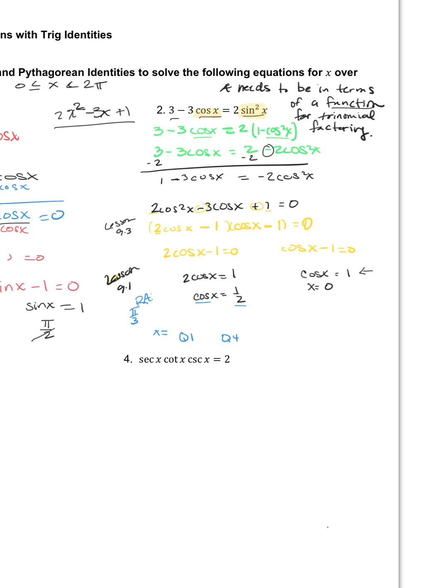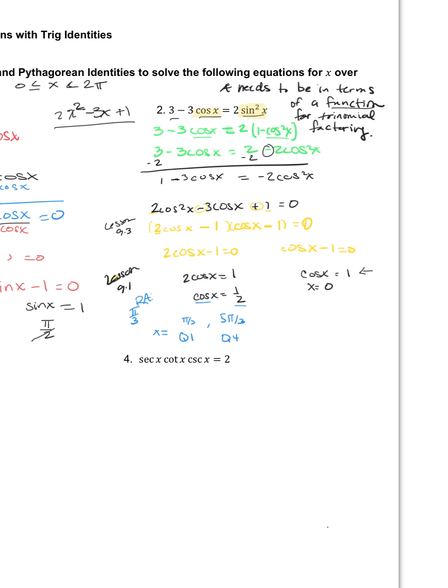Okay, so in the first quadrant, it has to be pi over 3 because the reference angle is in the first quadrant. And then in the fourth quadrant, we're going to take the denominator, 3 times 2, that's 6. 6 minus 1 is 5 pi over 3. Now, one thing I didn't think about when I mentioned classes: make sure that you check, are all these answers within the domain?